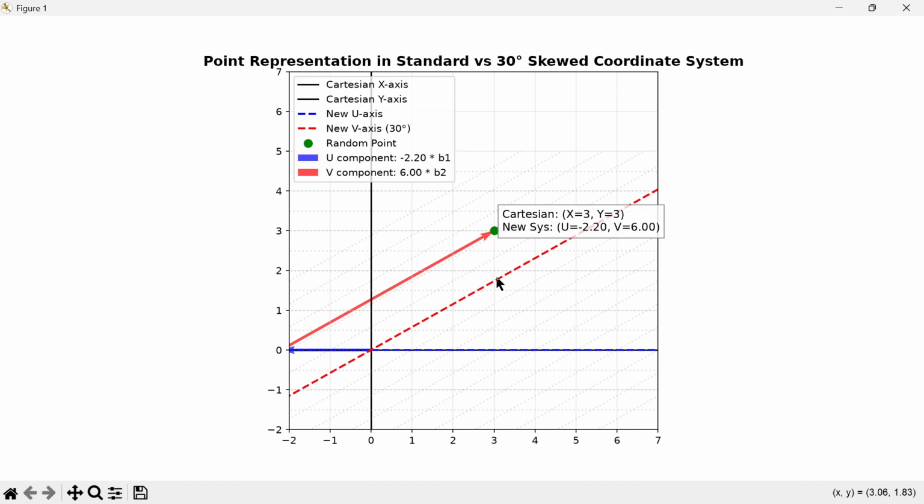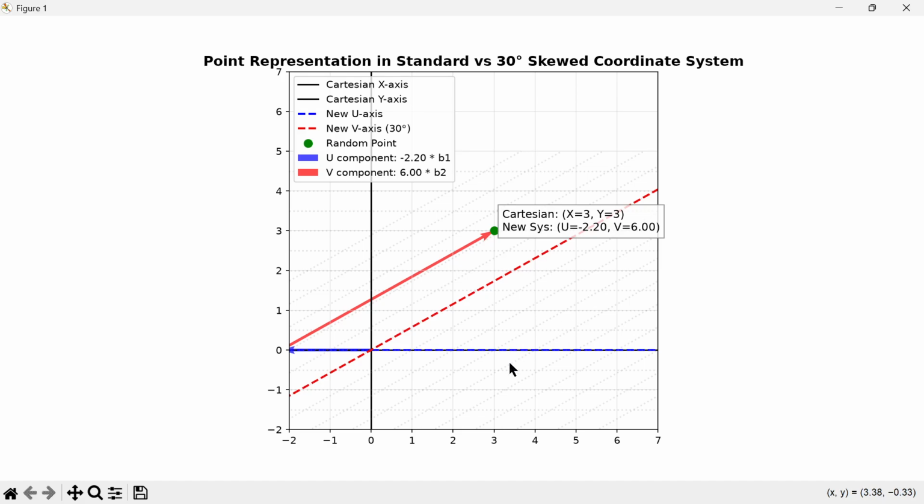That distance is this line, this dark blue part. Similarly, the v coordinate is the distance from the blue line along the red line. That is this red arrow, which is equal to v equal to 6.